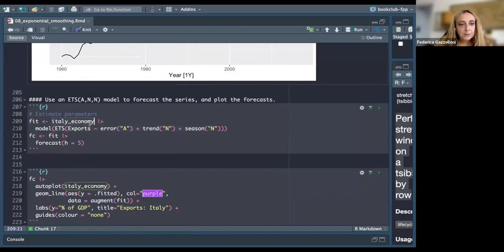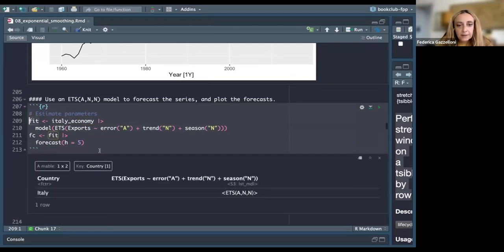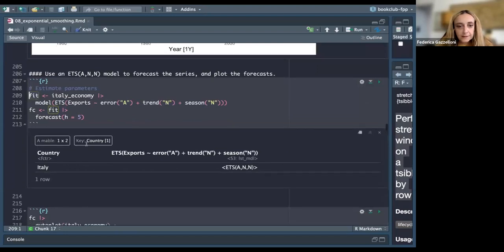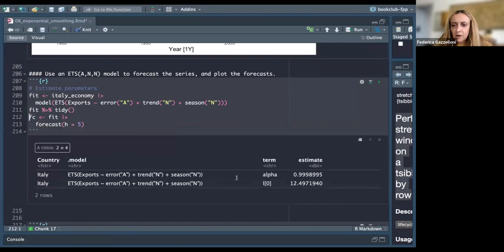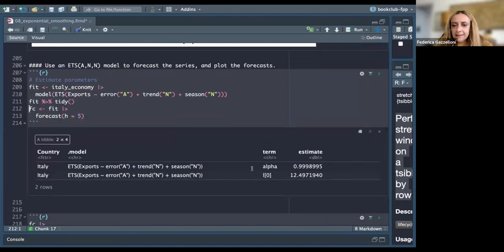This time we see with Italy, and if we run this, and we have a quick look at the model, and then what should I do to see the model result from here? Tidy? No, it's not tidy. Oh, yes, it's tidy. Okay. Here I see my alpha, which is very close to the maximum level.